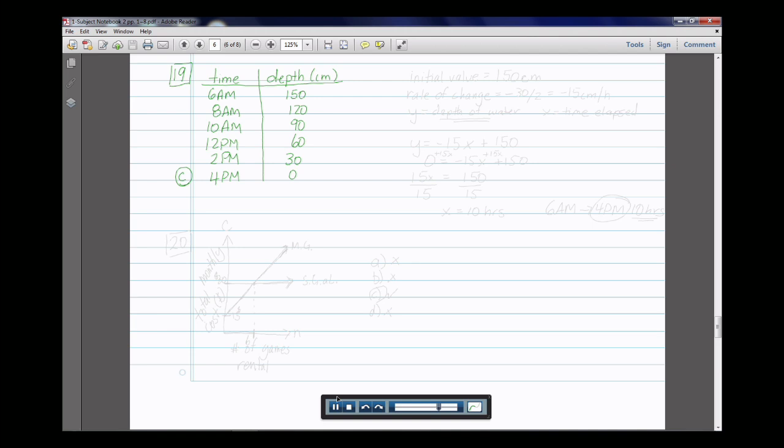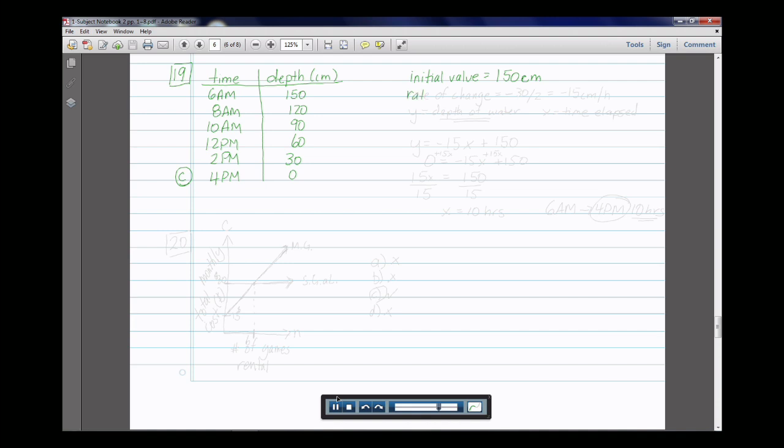Now, the other way that you could do it is to use a formula, which if you're good with this, it's probably quicker than writing out a table. You'd know that the initial value is 150 centimeters.